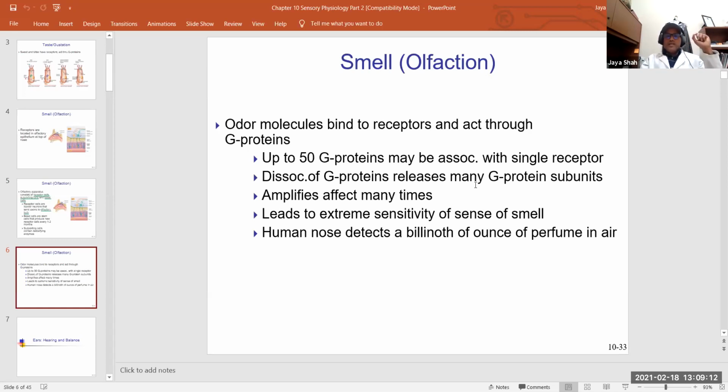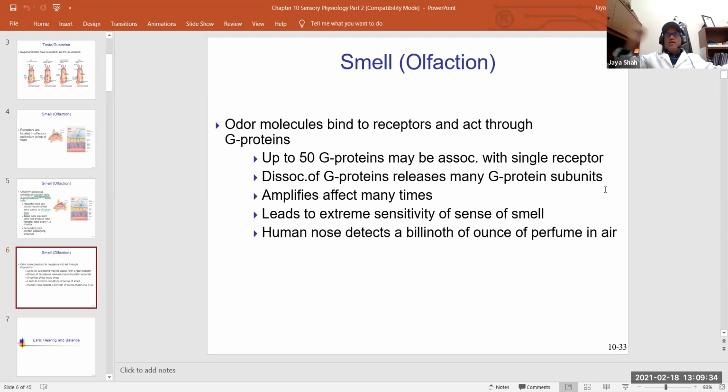On top of that, once the odorant molecule binds with the receptor, there is dissociation of the G protein, which releases many G protein subunits. So you see, one is attached to 50, and then each further dissociates into several parts. So it is like magnifying.